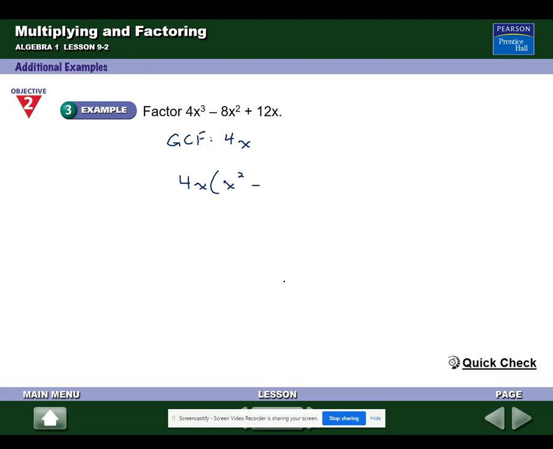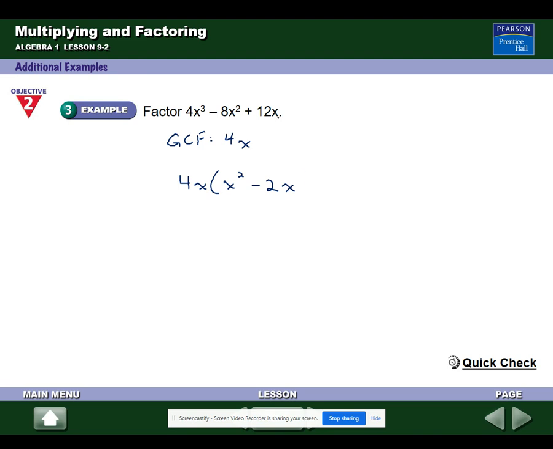The next one, it's going to be negative, and then 8 divided by 4 is 2. x squared divided by x to the first is x. And I'll say it the other way for this part of the example. What number variable exponent combination can I put here that when I multiply it by 4x, right, to think distributive property right here, am I going to get negative 8x squared? 4 times negative 2 gives me negative 8. x times x gives me x squared.